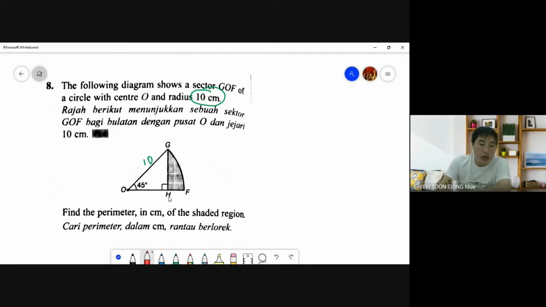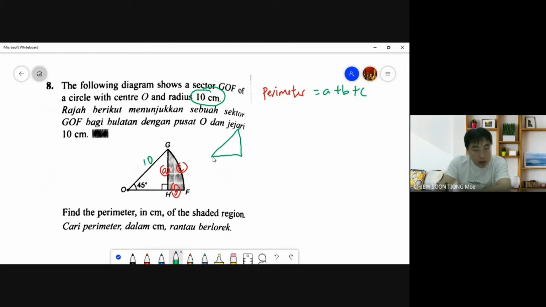Same thing, you have to label first A, B, and C. So to get the answer, you write perimeter equals to A plus B plus C. Okay, so we know this one is 10. Okay, hypotenuse is 10. We don't know what is GH, we also don't know what is OH, but never mind, we can get the answer.